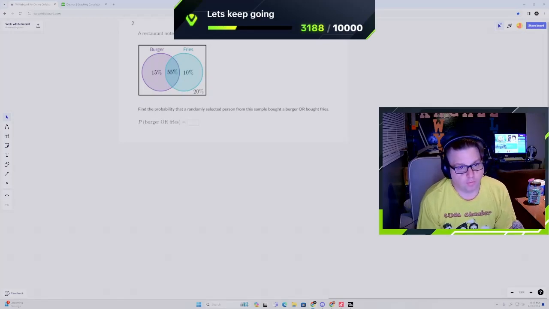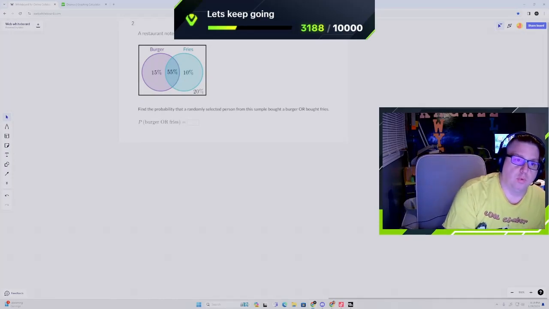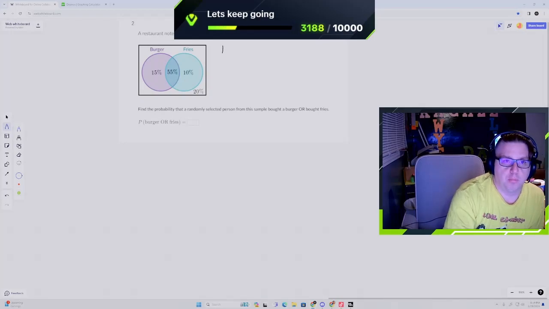Some people ordered fries. Some people actually bought both. So here's what we want to look at. So when we break this down, there are burger people. The burger people actually make up the full circle of burgers. So we actually are going to look at 70% of the people ordered burgers.